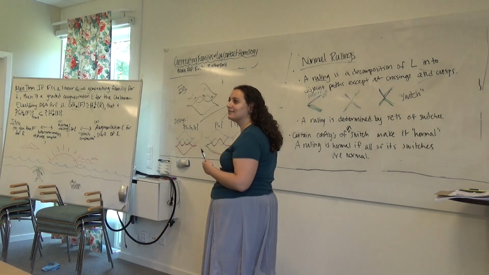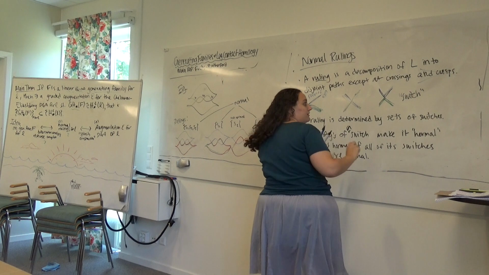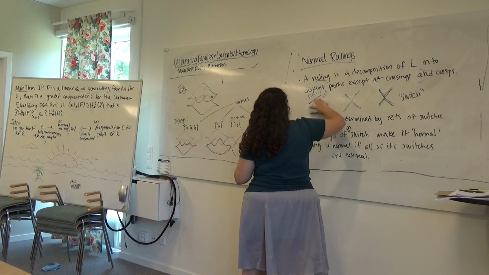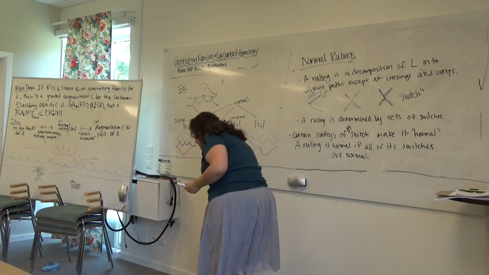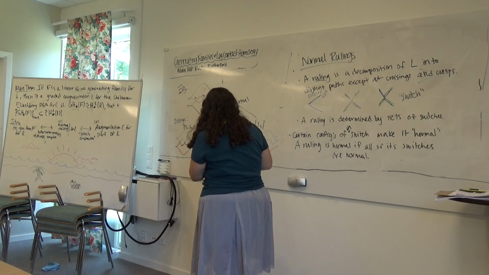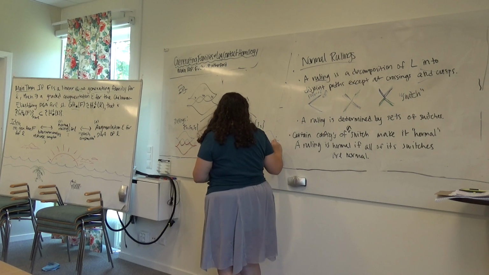Maybe you should change your cusp picture to be all the same color. Yeah, I'll erase and do that. Sorry, guys. I made that way more confusing than it had to be.